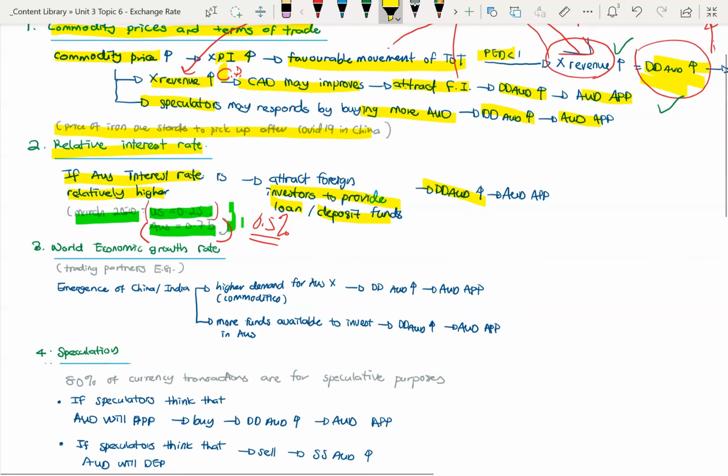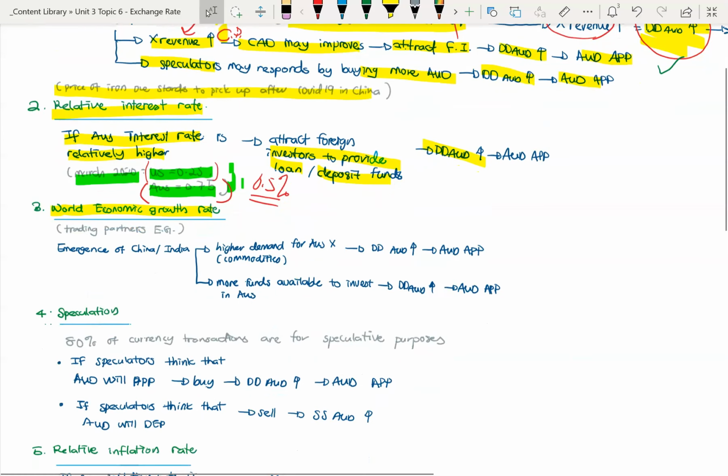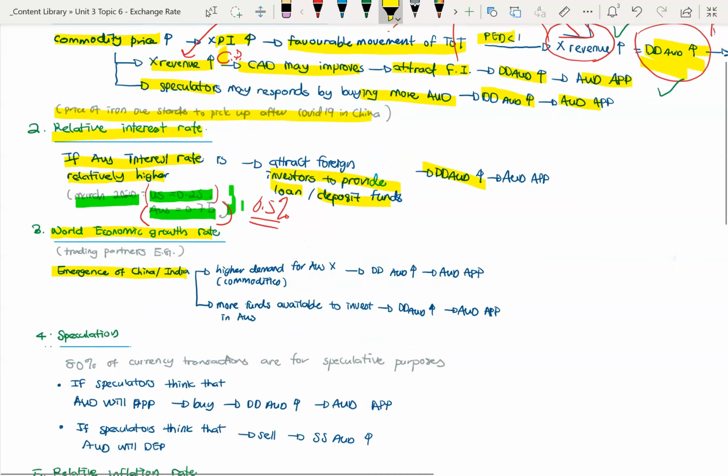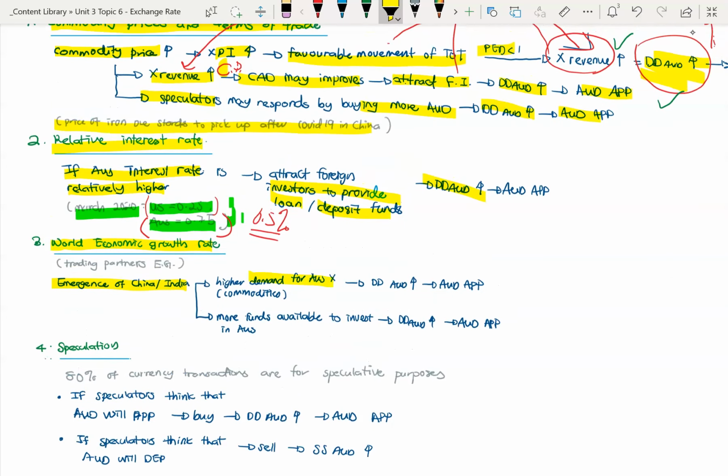Okay. Number 3, world economy growth rate. This one you are looking into your trading partners' economic growth. For Australia's trading partners, we know that many of them are developing, emerging economies. Since they are emerging economies, their demand for Australian products would increase, particularly commodities.